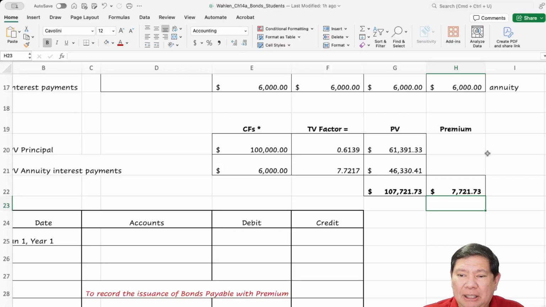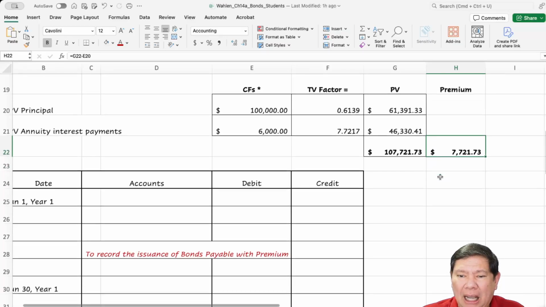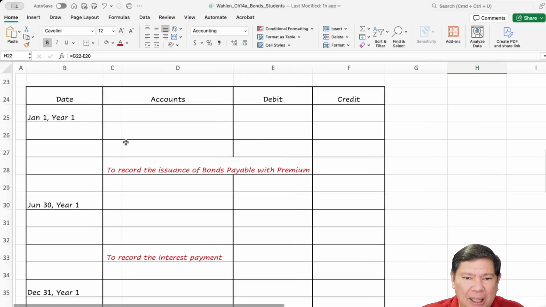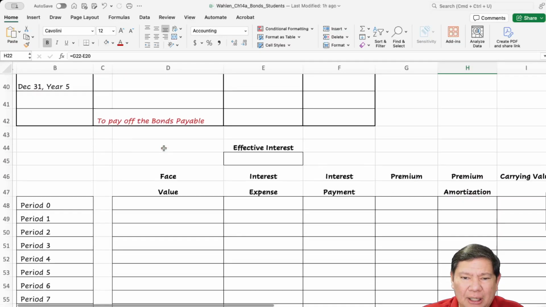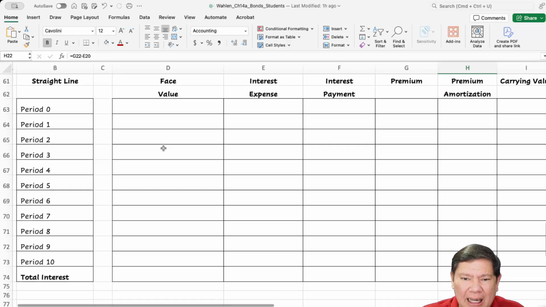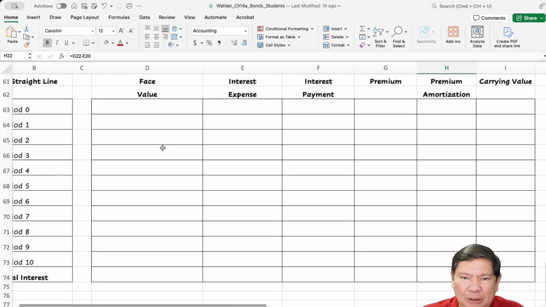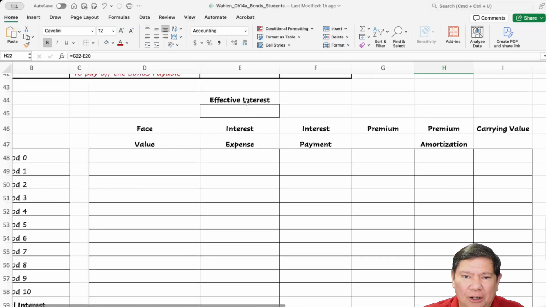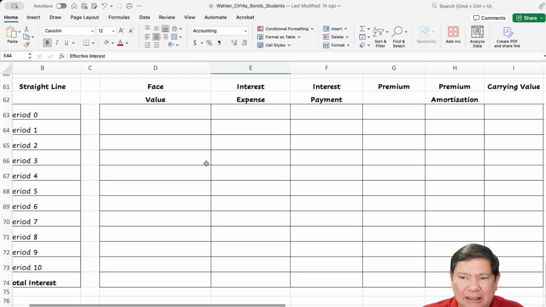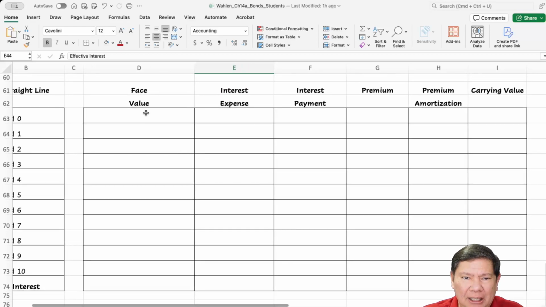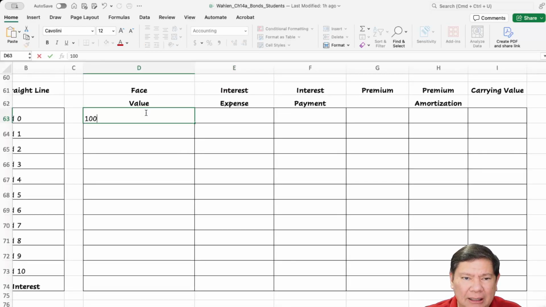Now this premium must be amortized. Before we prepare the journal entry, let's take a look at the amortization. We can amortize it using straight line or the effective interest. Let's do straight line first. The face value of the bonds is 100,000.